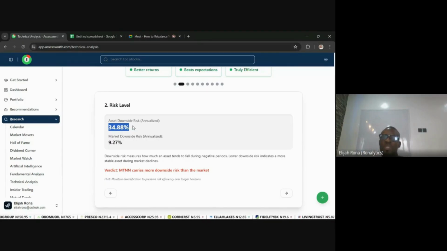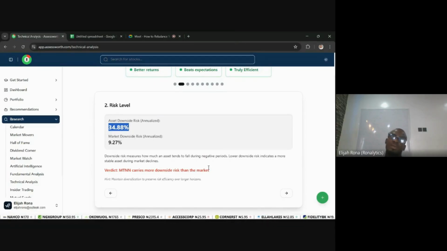So the question now is, do I want my entire portfolio, what term can I use now? Can I sleep well at night when my entire portfolio falls by 34.88? Let me ask the question more intuitively.